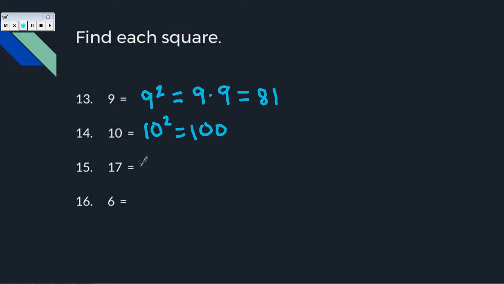In number 15, squaring 17 is going to give us 289. And in number 16, 6 squared is 36. Please make any corrections to your notes in case you made a mistake.